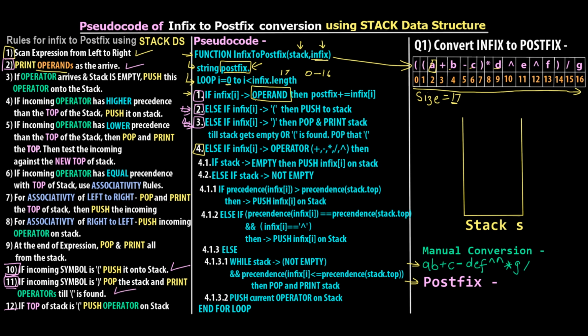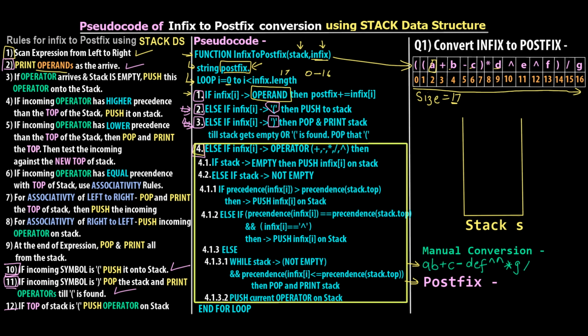After we've covered operands, opening bracket and closing bracket, the only last symbol left is the last else if condition, that is the fourth part, which deals with operators. So far we covered operands, which is A, B, C and all the variables. We covered opening bracket and closing bracket, but the operators are left.